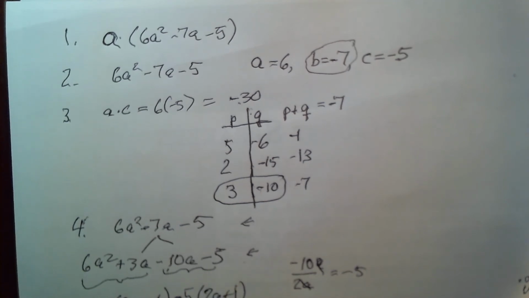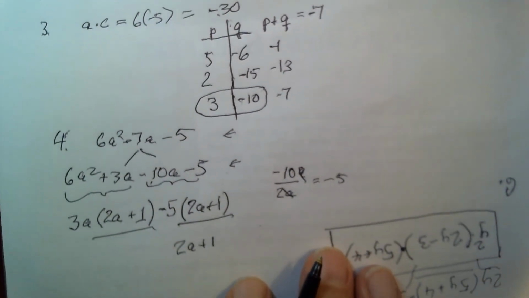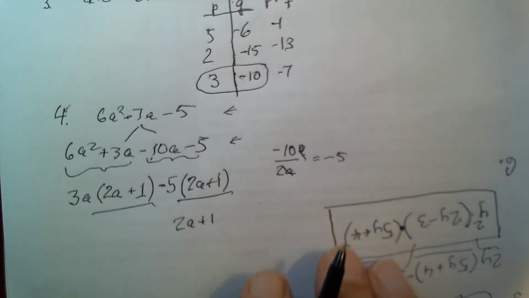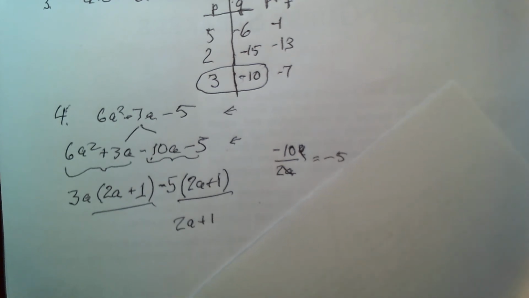And so now our greatest common factor is 2a plus 1. And in the other set of parentheses, we put in the 3a minus 5.